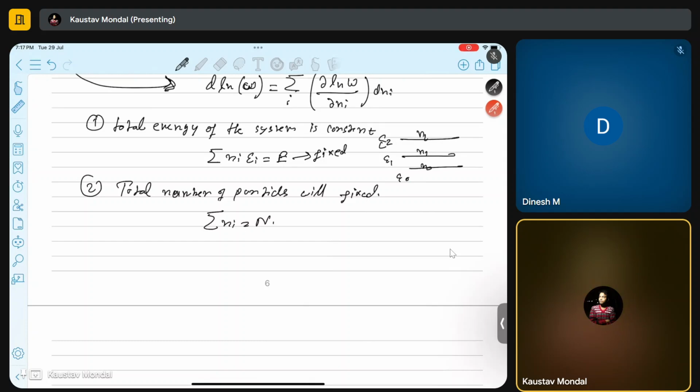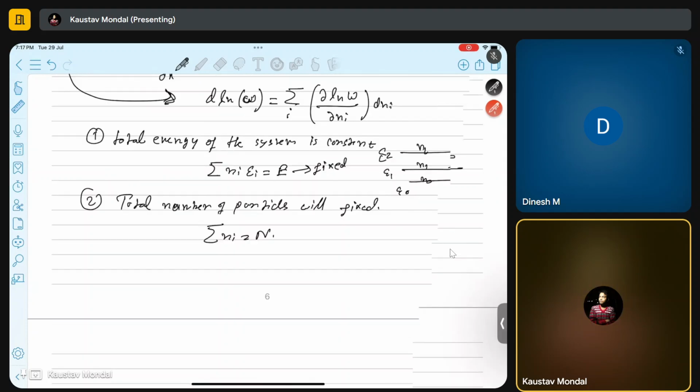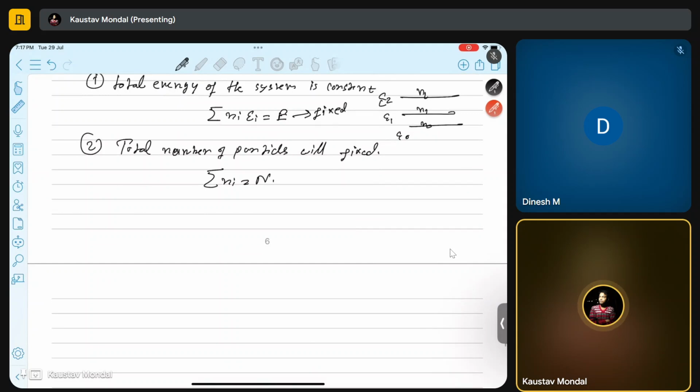Okay, so now you have to write these constraints in differential form. In differential form, the constraints can be written as the sum of Ei into dni equal to 0. This is the first constraint, and the second constraint can be written as the sum of dni equal to 0.